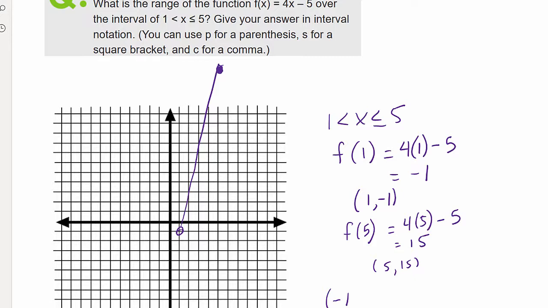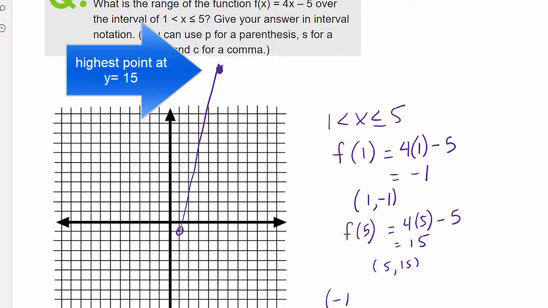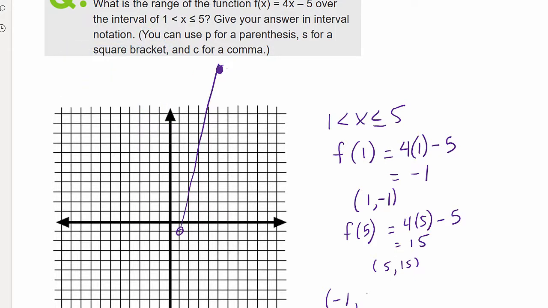Then the highest value occurs here, of course, at the other endpoint, at which point our y value, our output, is 15. That ordered pair is included in the function, so I'm going to put a square bracket here in my interval notation. So that will be the range of this function.